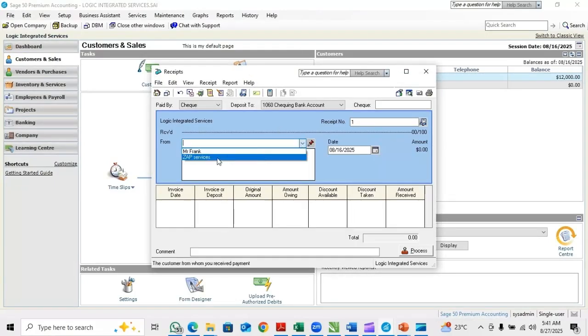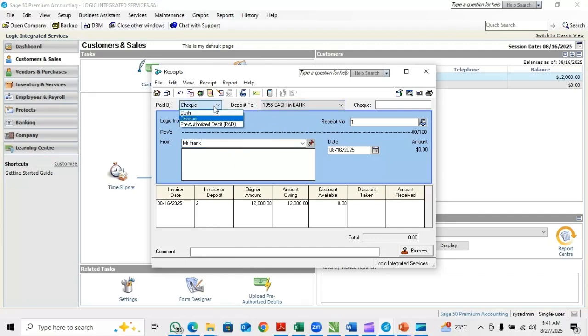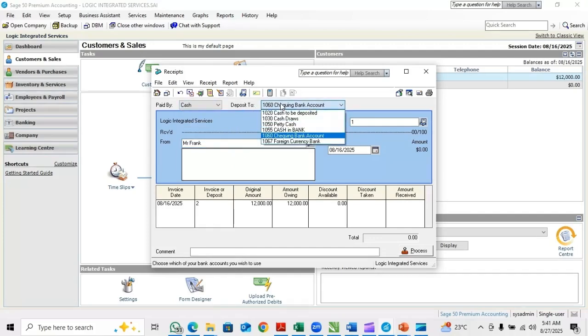I think the transaction is Mr. Zap. I think so. Okay, sorry, Mr. Frank. Mr. Frank deposit. So we're going to pay by cash deposits to this. So this is the 12,000 naira and you are going to receive your payment here.